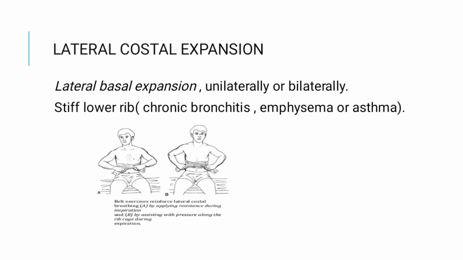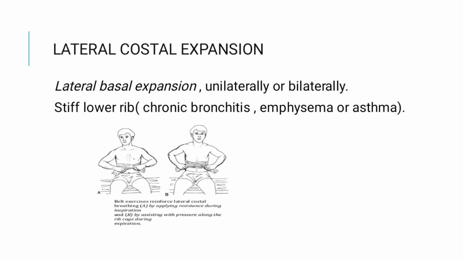So basically we have two types of expansion exercise. One is lateral costal expansion and the other one is posterior basal expansion. These are the two segments which we emphasize or focus on to expand.